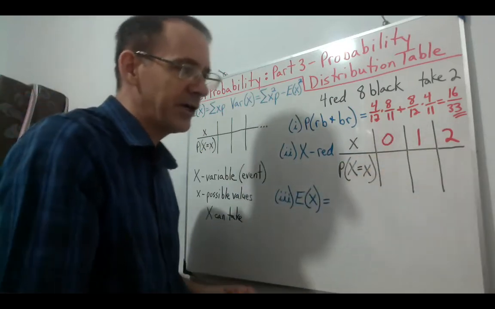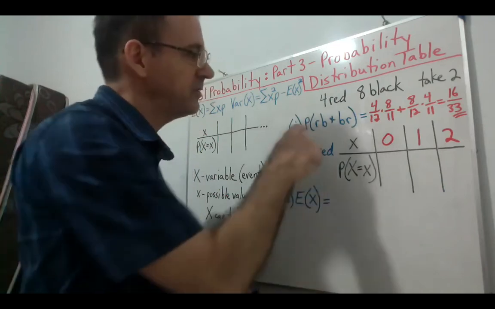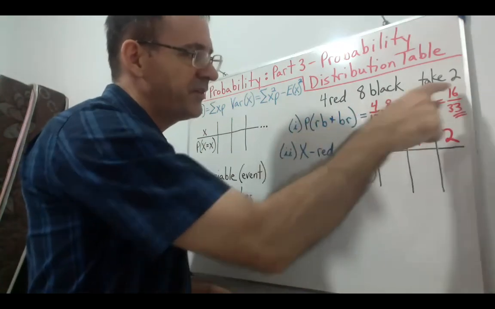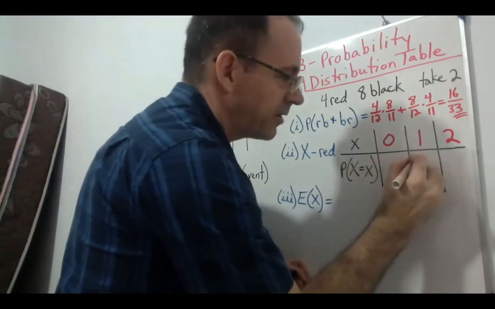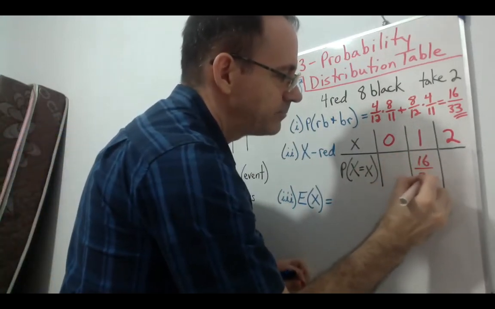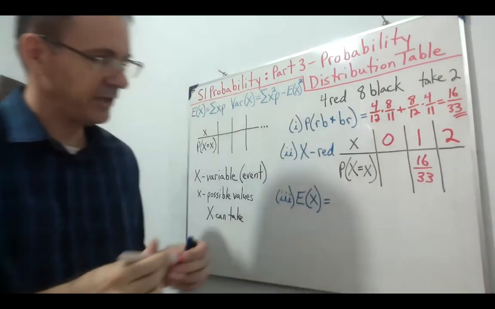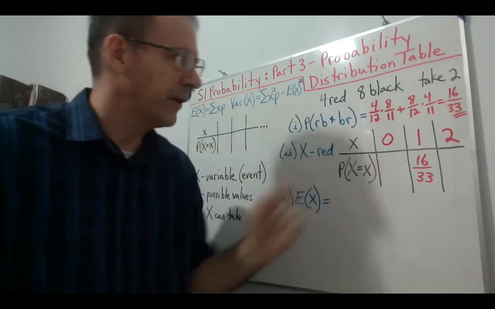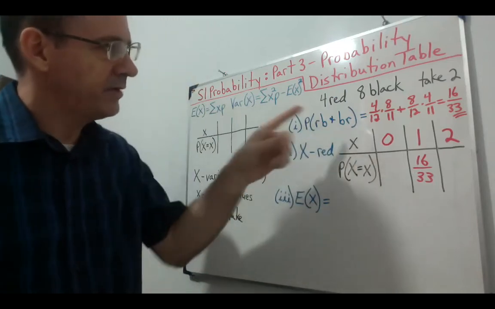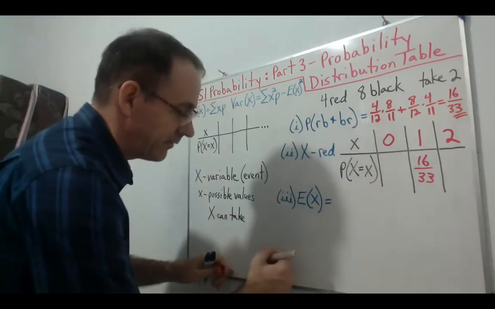Now we need to figure out the probability for each. Of course, we want to look back here. This 16/33 is for 1 red sock, so that's already part of our work. What if there are no red socks? Let me do it down here off to the side.